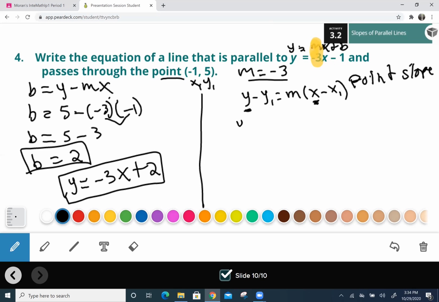So y minus, well, y1 is 5, equals m, which is negative 3, times x minus x1, and x1 is negative 1.